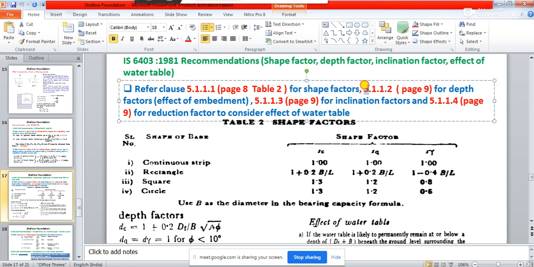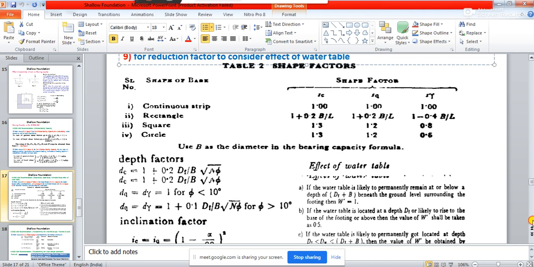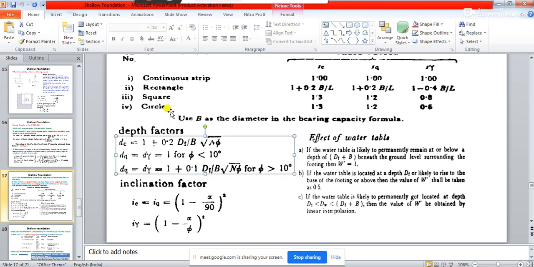Then next, 5.1.1.2, page number 5, is for depth factors. You see the values for depth factors are given in 5.1.1.2, okay? You will observe these values for depth factors, whatever I have written over here, you will notice the same way in the code also.